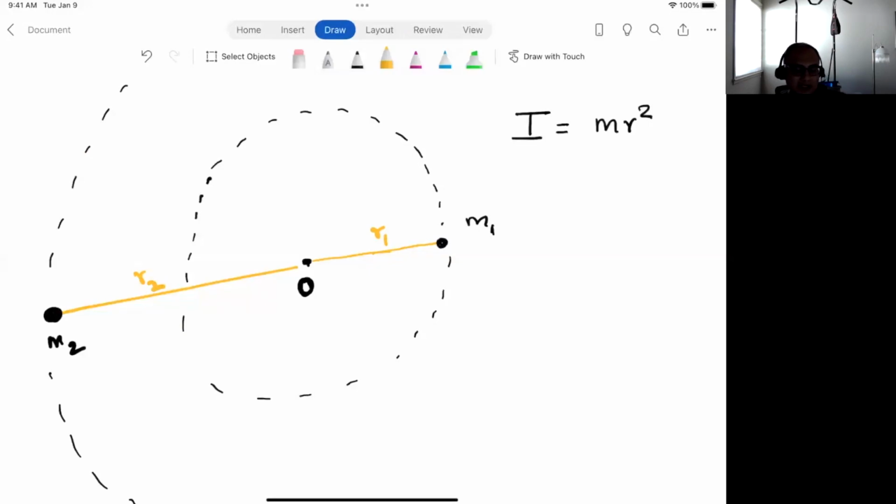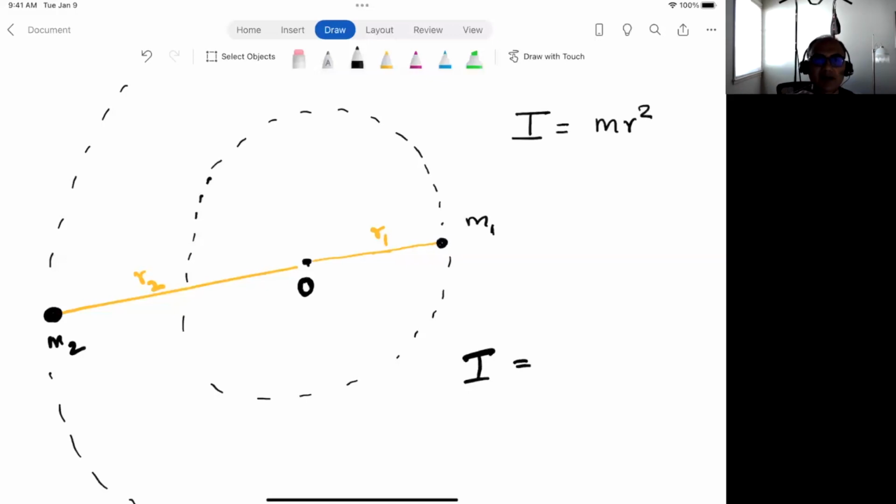So now what is the moment of inertia of the 2 point masses? Both of them are rotating about the same axis, which is the imaginary line passing through O. See if you can figure it out yourself and write down the answer in your notebook. The important point here is that moments of inertia about the same axis are additive, so you can add them up.